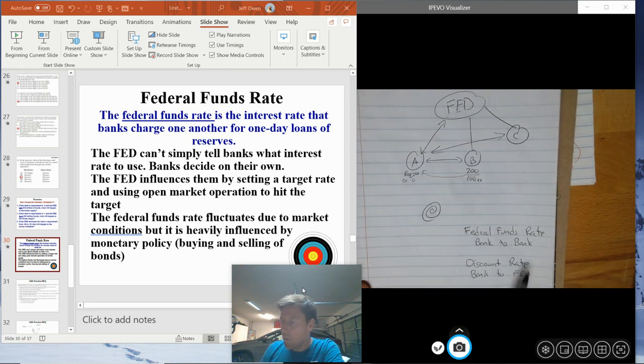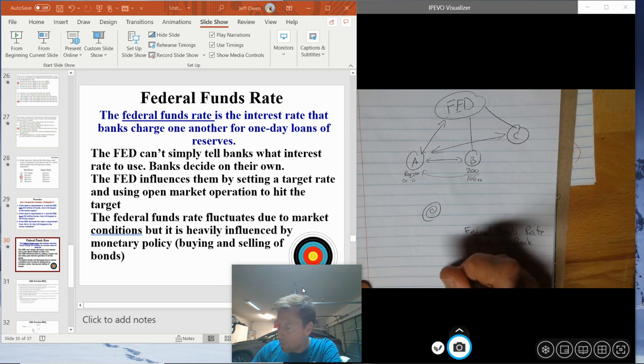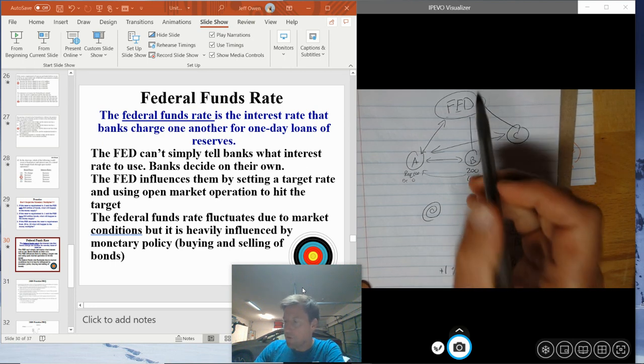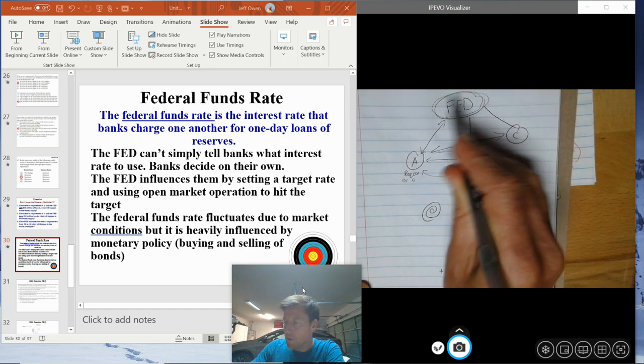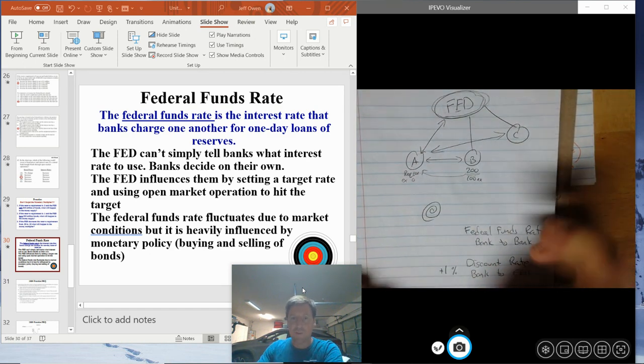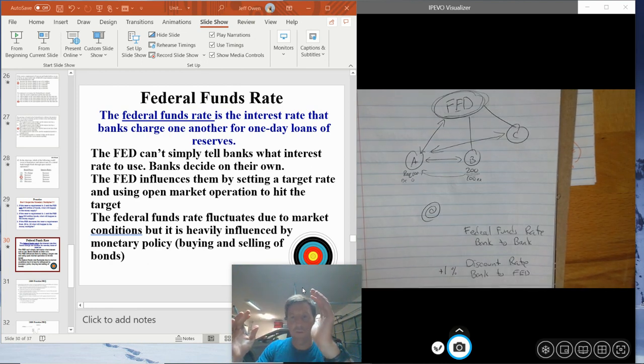But wait a minute, this is where it gets even worse. The discount rate will always be 1% higher than the federal funds rate. Now, why is that? Because the Fed doesn't want to get into the business of loaning money to banks at the end of every business day, because that would just blow up the size of the Federal Reserve. You'd have to have way more employees. That's crazy talk.